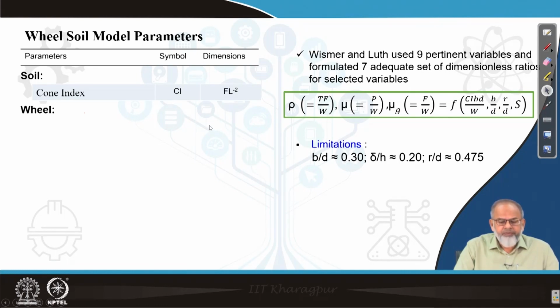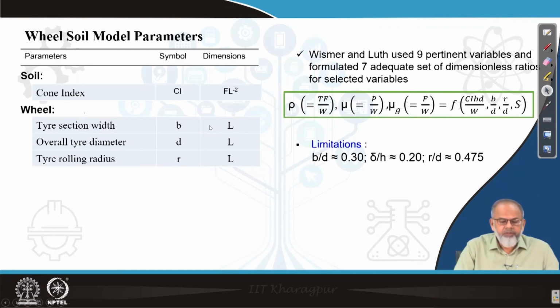Next, he identified the wheel parameters. Under wheel parameters, Wismer and Luth selected tire section width, overall tire diameter, and tire rolling radius. These are denoted as B, D, and R, and the units are length units.